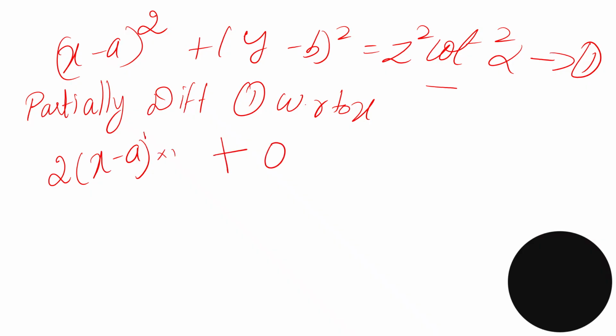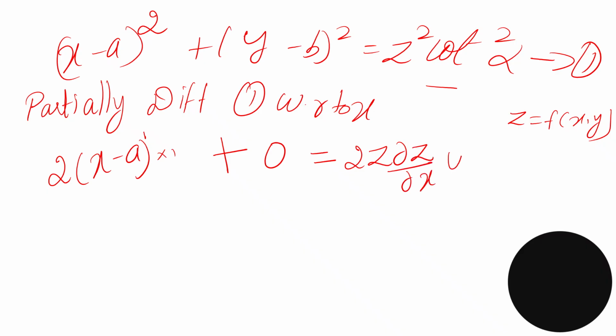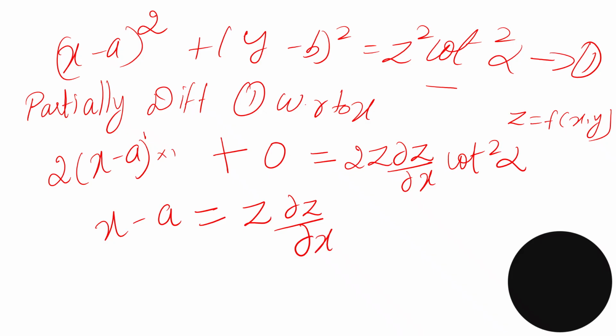Plus the second term does not have any x term, so 0, equal to, since z is a function of x comma y, z square differentiates to 2z, then dou z by dou x, and cot square alpha is constant. Now cancel 2, and you get x minus a equal to z dou z by dou x cot square alpha.